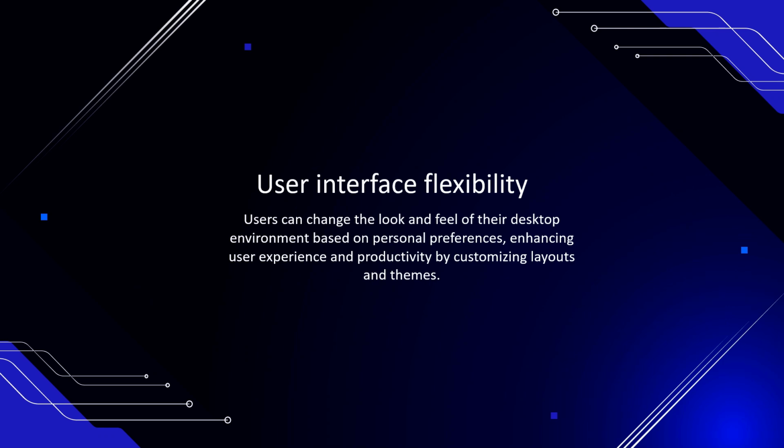Users can change the look and feel of their desktop environment based on personal preferences, enhancing user experience and productivity by customizing layouts and themes. For example, in GNOME, we can use any theme you want. You can have a nice desktop with a nice experience, and you can make it suitable for your activity, like penetration testing, web development, software development, and so on and so forth.